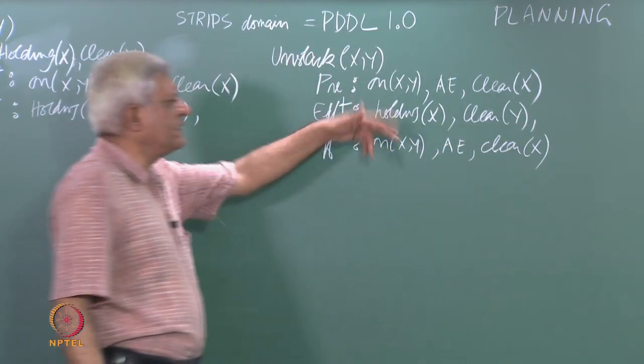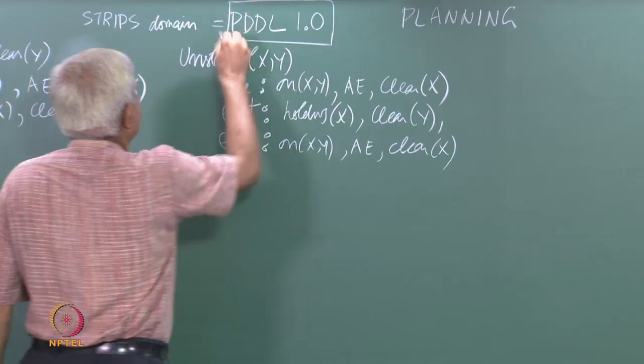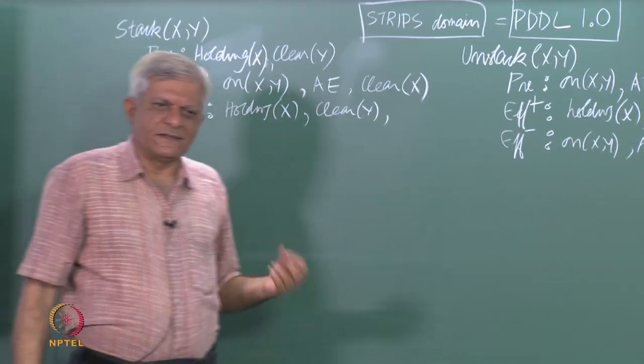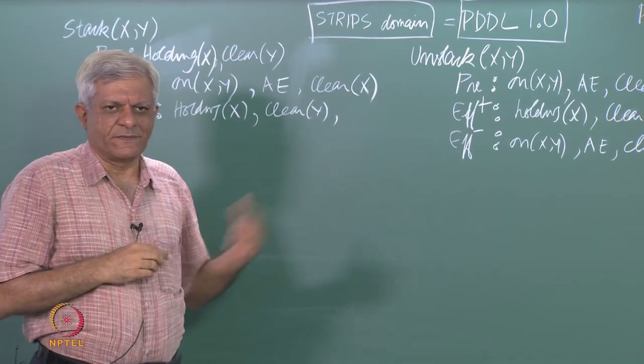In this version I have added clear x both to the effects and here and there. So, if you add it here, then you must add it in this also. We have seen that earlier. Okay. So, as I said, this is the simplest version of PDDL, or PDDL 1.0, in which actions are instantaneous and the other assumptions that we talked about.